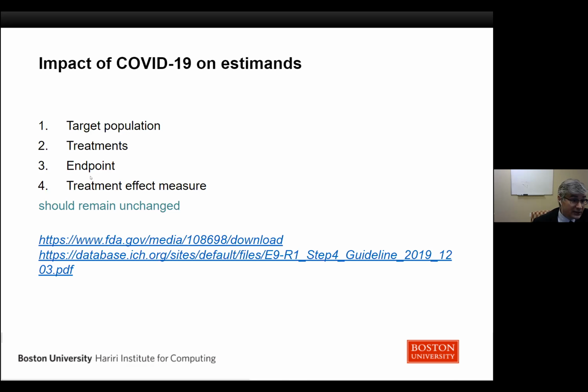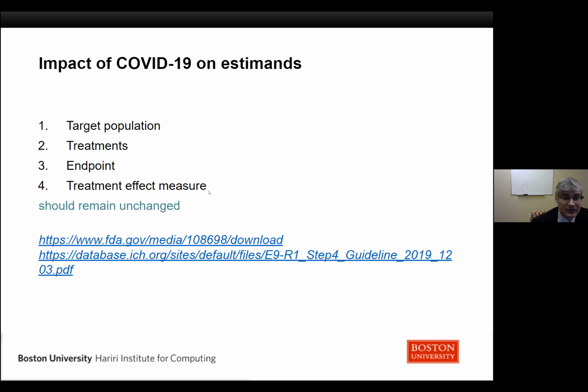We can also think about the treatment effect. For example, with time to event data, the censoring pattern may be affected by COVID-19. And so we can question the validity of the initial analysis. For example, the validity of a log-rank test relies on the idea that the probability of event is similar for patients enrolled early and those enrolled late.